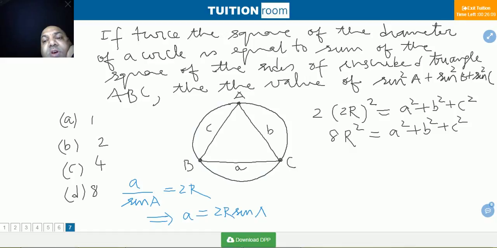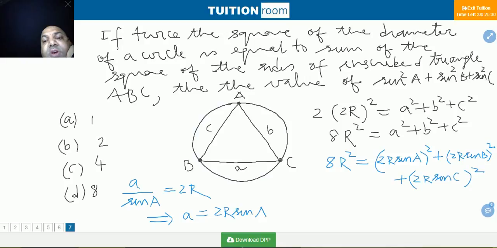It will be the square of this, 2r sine A whole square, similarly 2r sine B whole square, similarly 2r sine C. The r square will get cancelled.